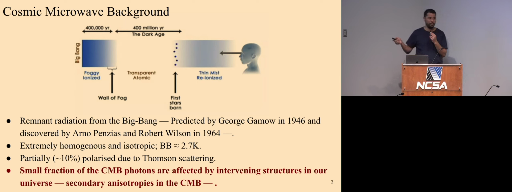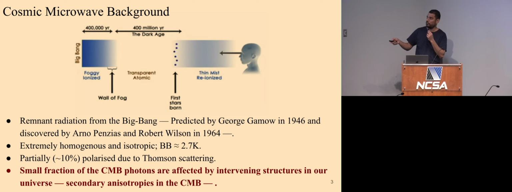The cosmic microwave background, like I said, is the radiation from the Big Bang. When you say Big Bang, this is really what we talk about. It's a remnant radiation from the Big Bang. It was predicted in the 1940s, and was actually serendipitously discovered by two people in 1960, and they won a Nobel Prize for that.